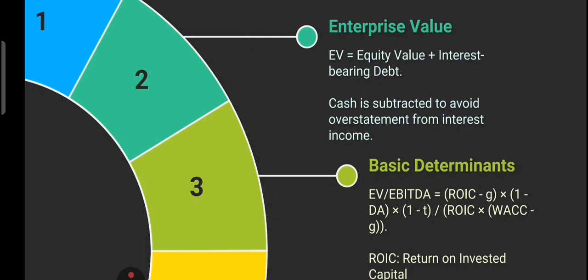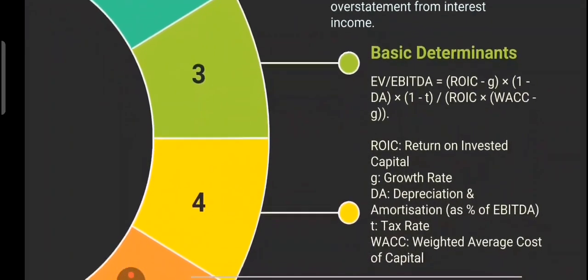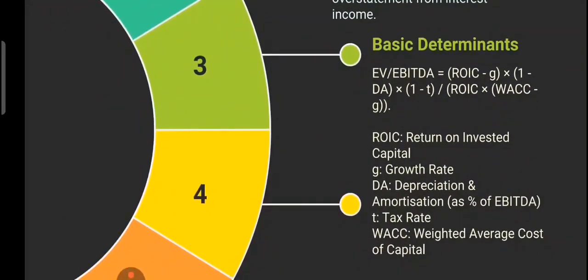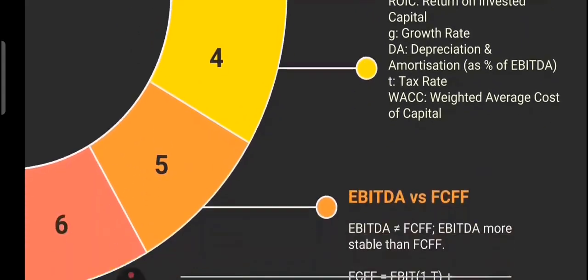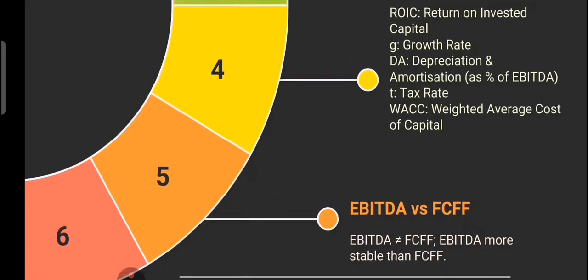So this is how we understand the basic determinants using the enterprise value calculation. I hope you remember this formula: what is ROIC, what is small g, what is DA. Now a lower multiple might hint the company is undervalued, but always check these factors first.